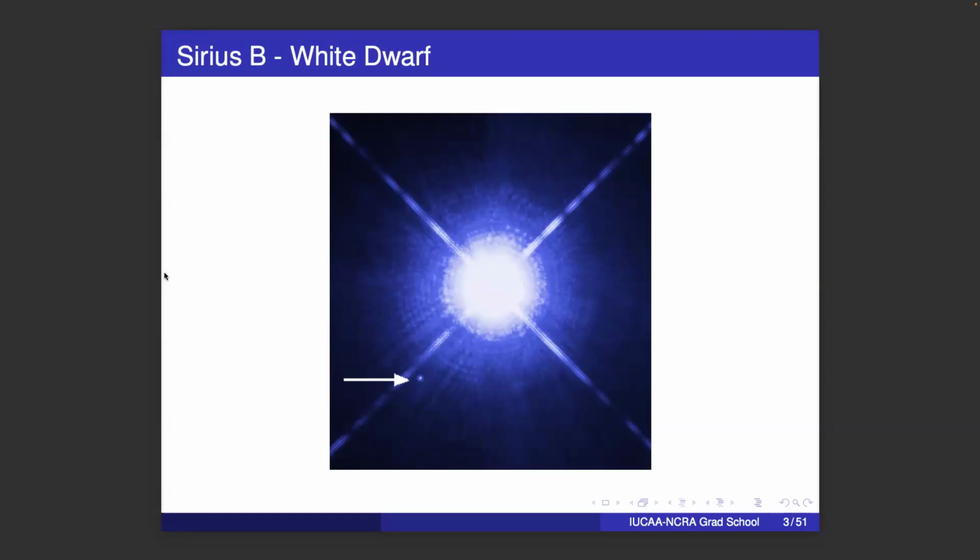There are several other such white dwarfs that have been discovered. They're very faint, so they're not very easy to see. But if you take images of Sirius multiple times, you will see this object orbiting Sirius.